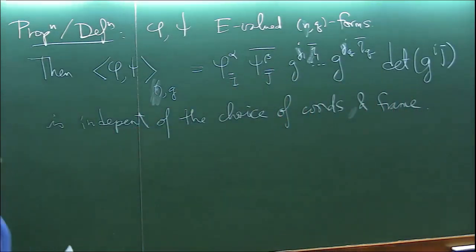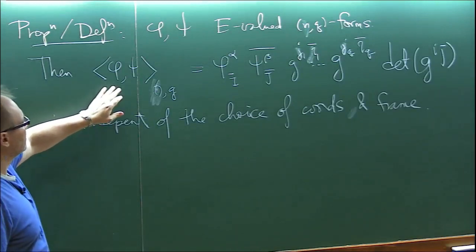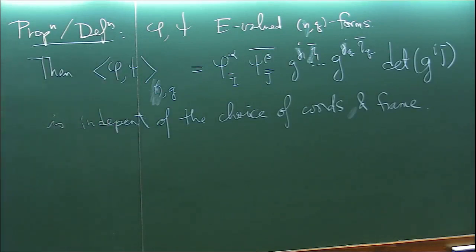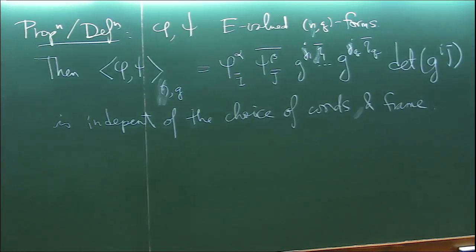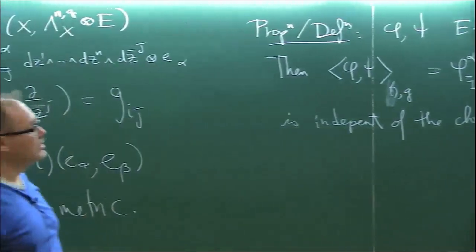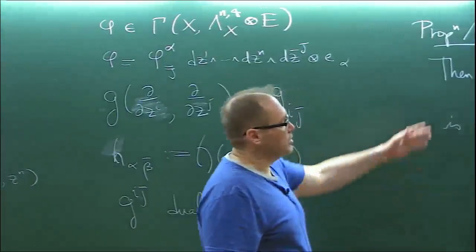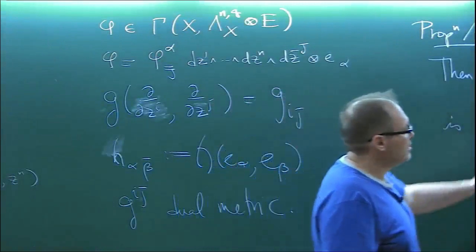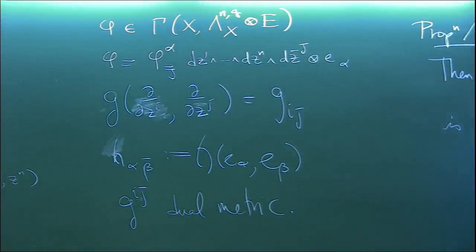That's a practical concern for how to write it, but in reality, this is just the Hermitian metric on the vector bundle lambda (n,q) tensor E, induced by the metric for E and the metric for X. That's just its expression, but you can also check by hand if you change frames, see how these things change, and you'll see that this quantity will remain unchanged.